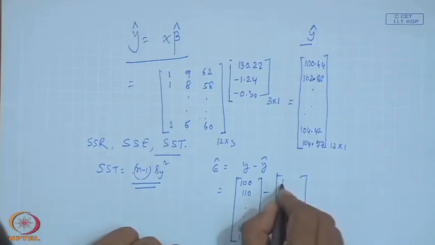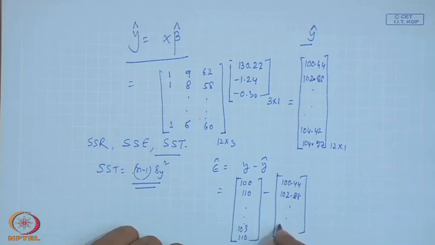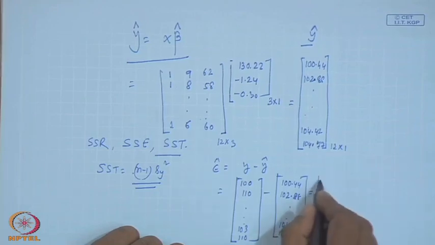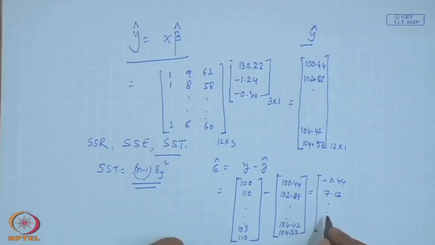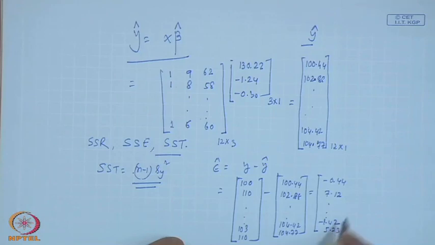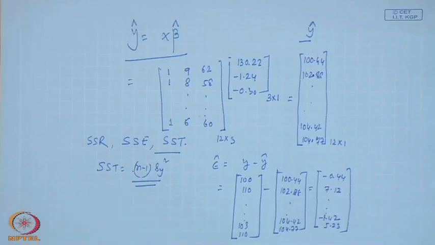Then the fitted values are 100.44, 102.88, and so on, up to 104.42, 104.77. So finally the error values will be minus 0.44, 7.12, and in the same manner minus 1.42, 5.23. So you have your error part also.